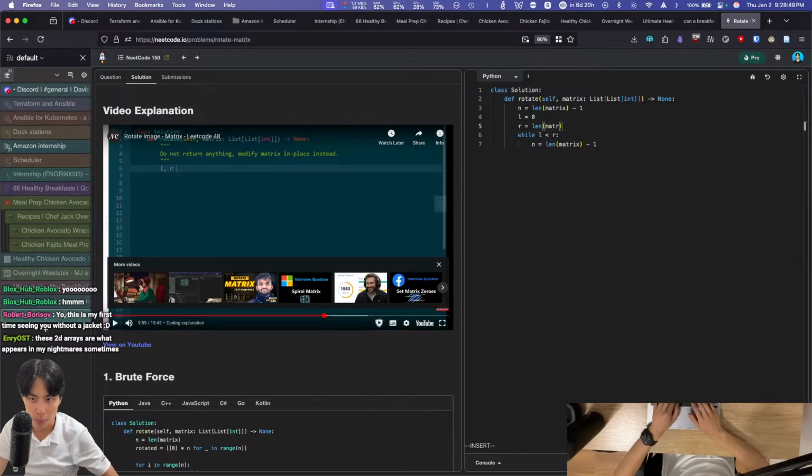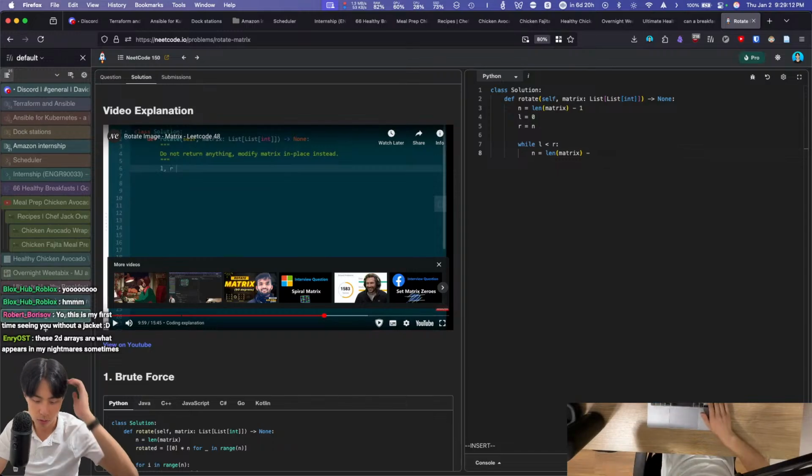So len of matrix minus 1. While N is equal to len matrix.